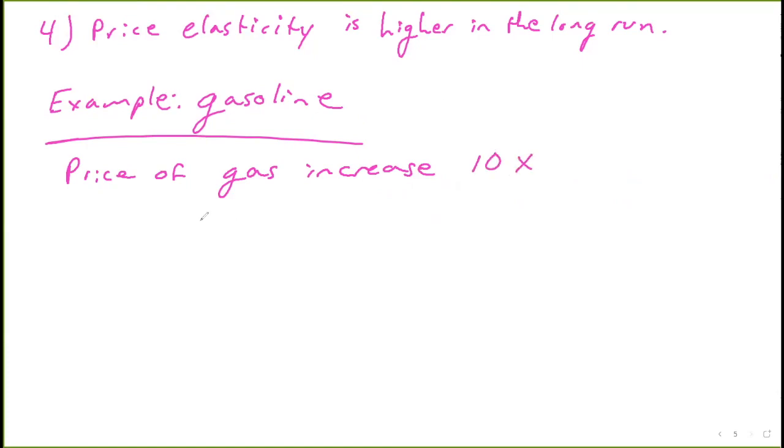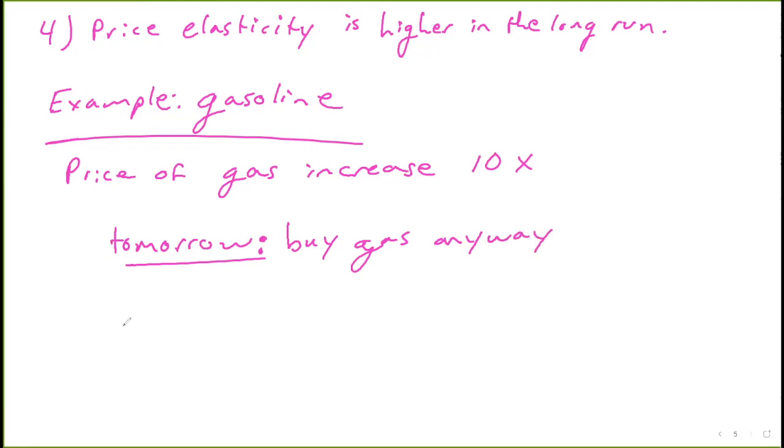And now think about what's going to happen on different time scales. So let's say tomorrow, well, tomorrow people still need to probably go to work, so they're going to buy gas anyway. And consumption's not going to decrease much.